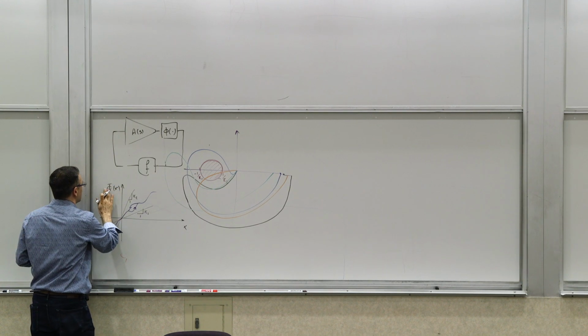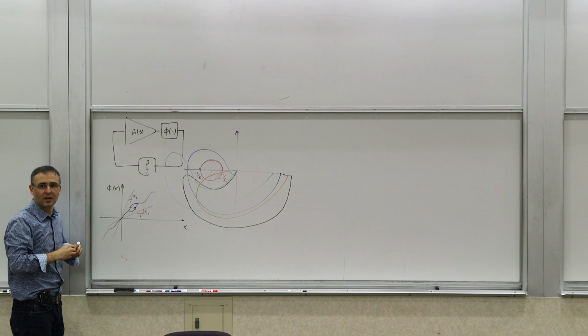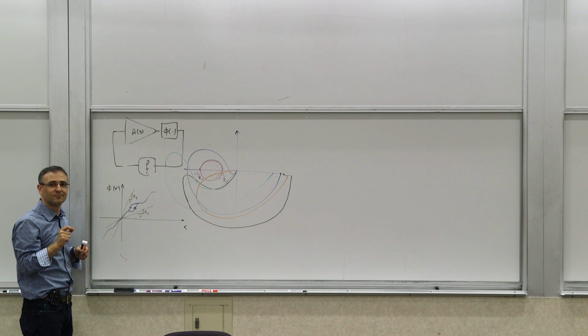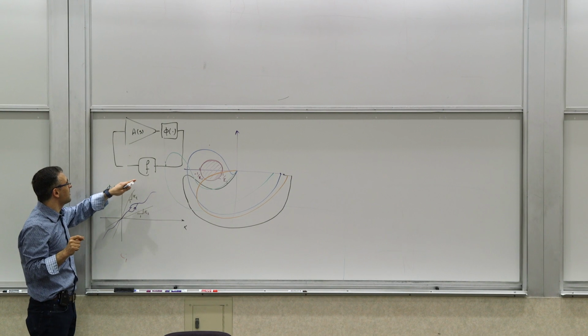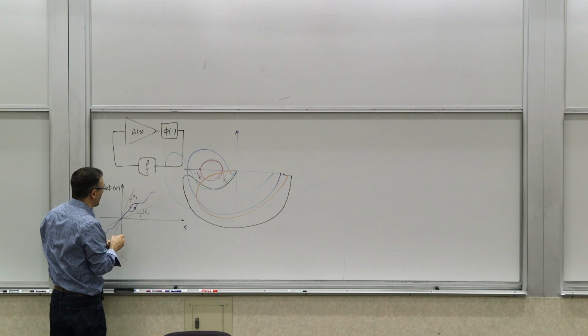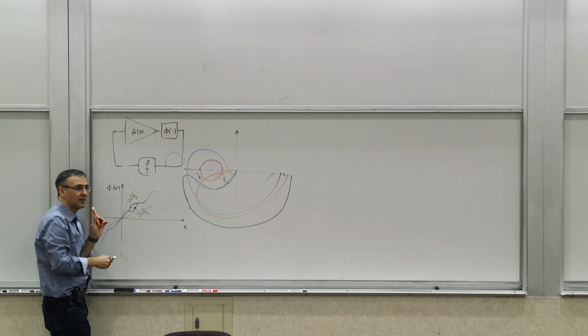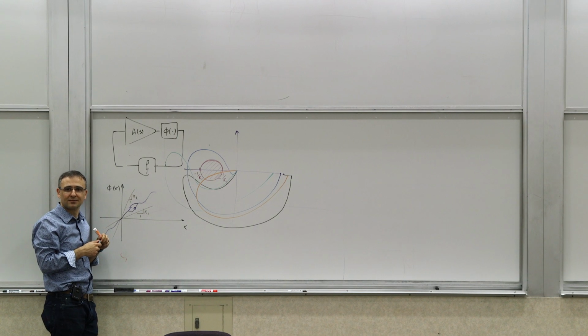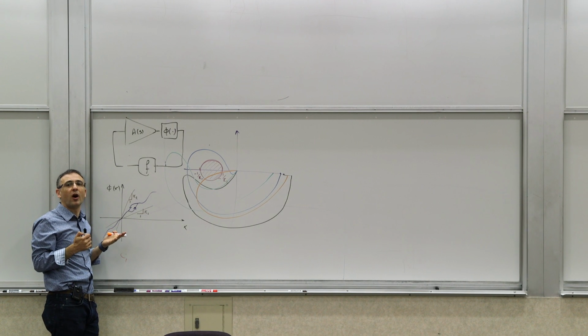So it scales any linear feedback. If this was your loop gain, for a perfectly linear system, this would be a straight line, y equals x. Okay, so k would be 1.